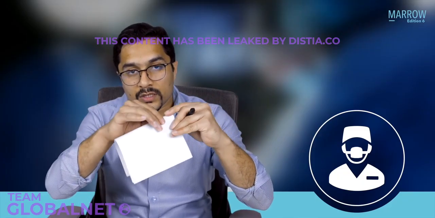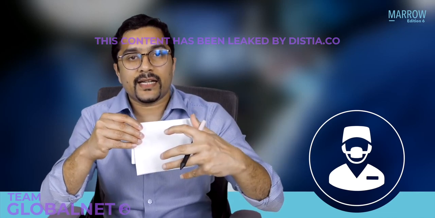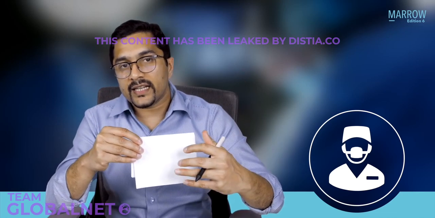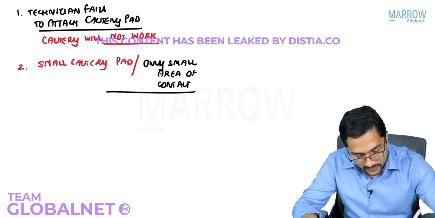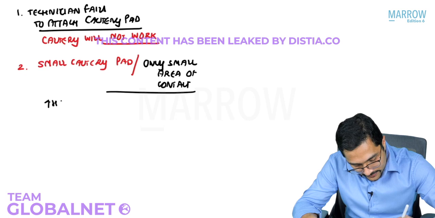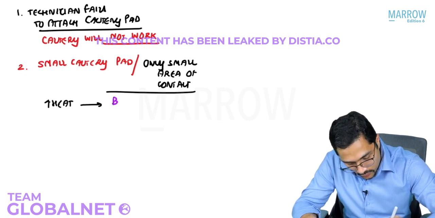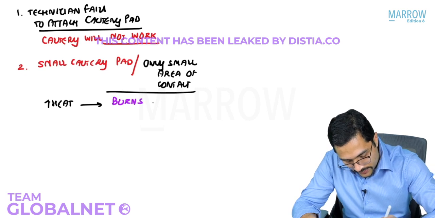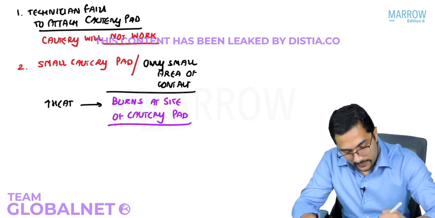And when it goes through a smaller area, heat is generated here. And when heat is generated, this can give rise to burns at the site of the cautery pad. So increased heat will give rise to burns at the site of the cautery pad. This has also been asked in the exam. Burns at the site of cautery pad, right?